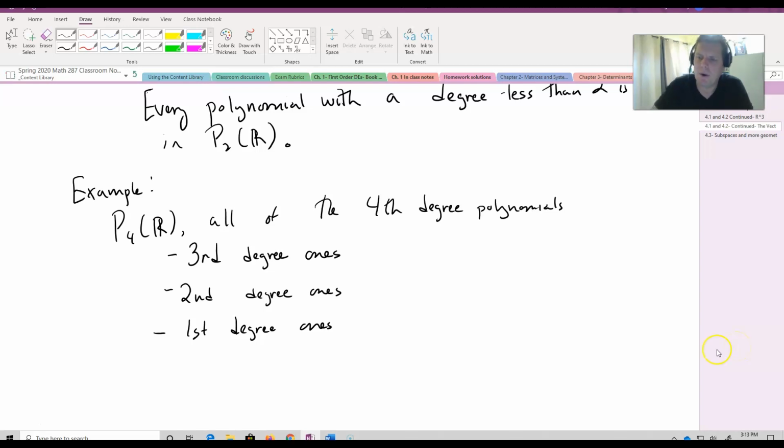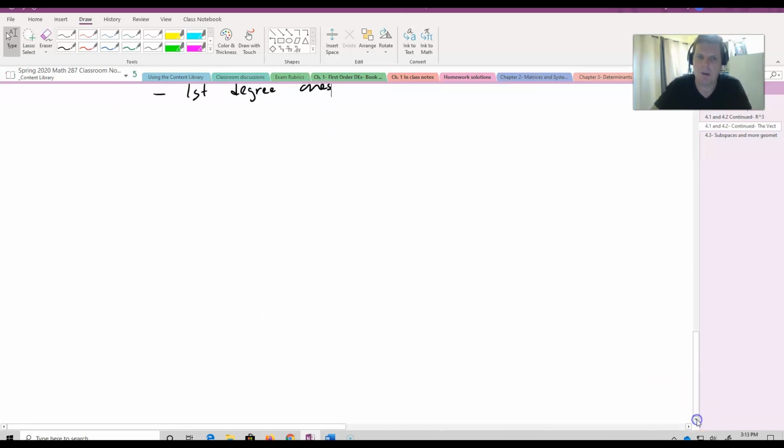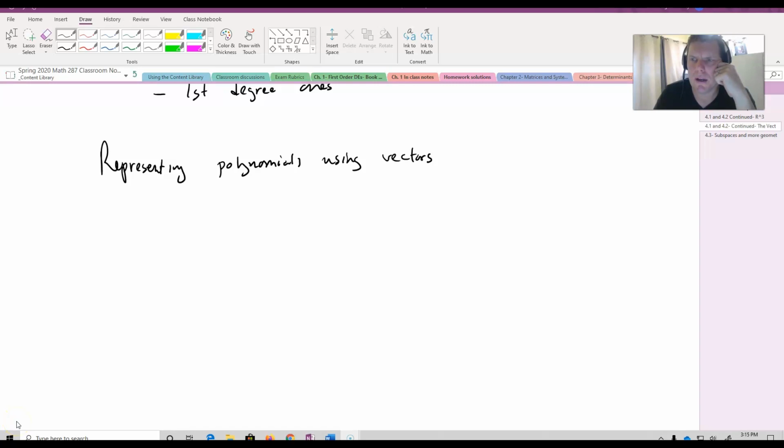Now, what I want to do is show that there is a way to represent polynomials, okay? So representing polynomials using vectors. When we represent polynomials using vectors, what we can do is just utilize the coefficients and make an assumption about the power of x or the power of y or power of whatever variable we choose.